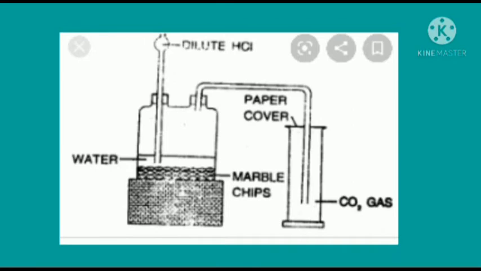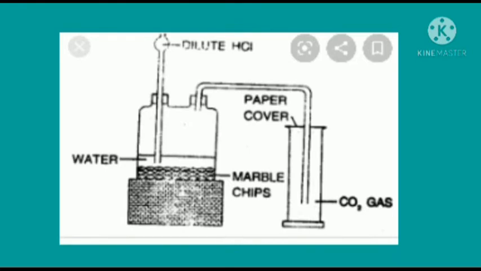After that, a vigorous chemical reaction takes place and carbon dioxide gas is released. And whenever, students, the gas is released, it is with a brisk effervescence. First few bubbles of carbon dioxide are allowed to escape and they might contain maybe air and acid as impurities. That's why we have to not collect that.